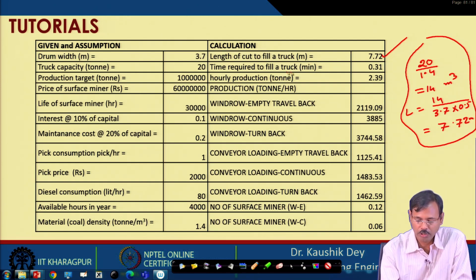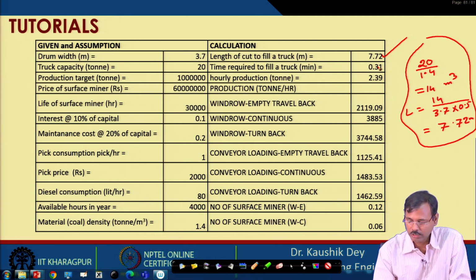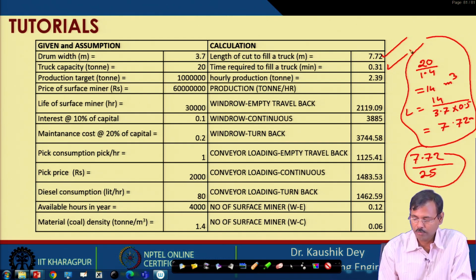So, the time required to fill a truck is now 7.72 divided by cutting speed is 25. So, whatever is coming, that is the time required for cutting, filling a truck, that is 0.31 minute. In every 0.31 minute you are able to fill the truck if you are going for conveyor loading.